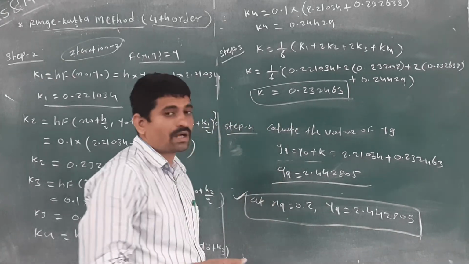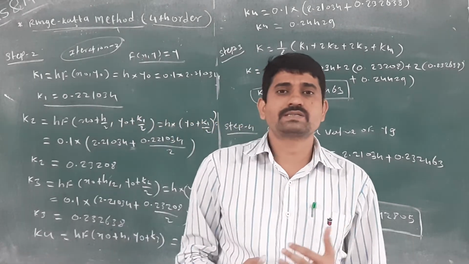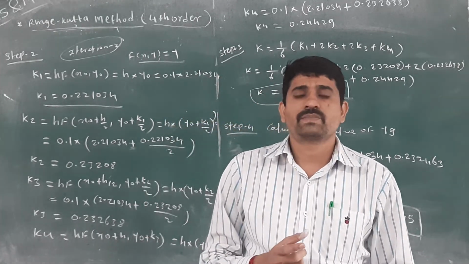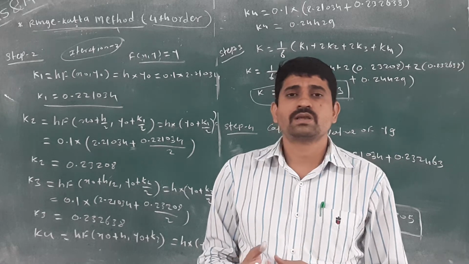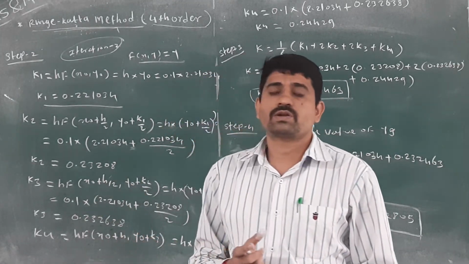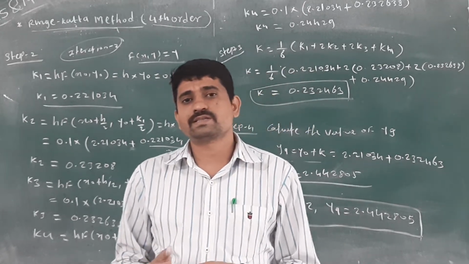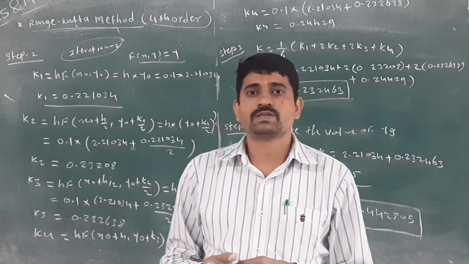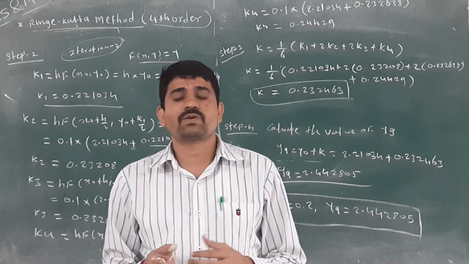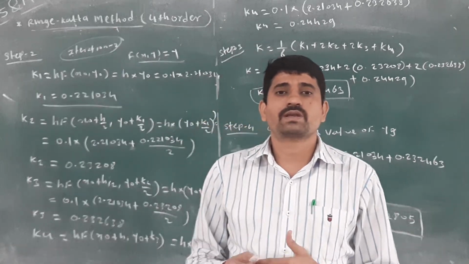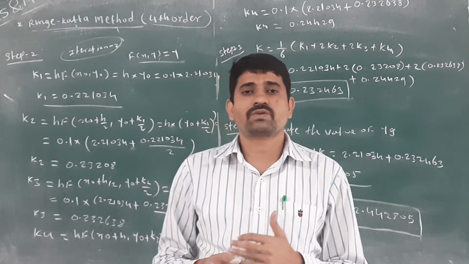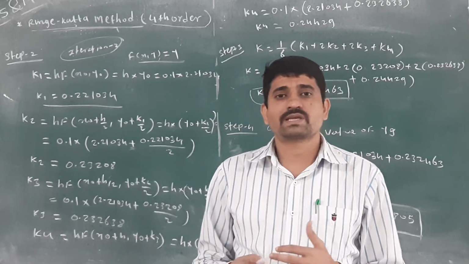All of you getting how to solve? If you understand the second order Runge-Kutta method, then you can easily solve the given numerical with the help of the Runge-Kutta fourth order method. The only change is in the two formulas: k1, k2, k3, k4, and the next formula is the weighted mean, k is equal to 1 by 6 in brackets k1 plus 2 k2 plus 2 k3 plus k4.